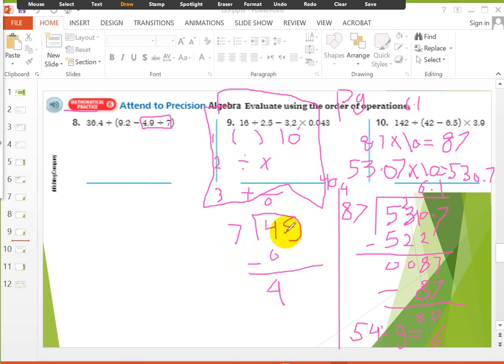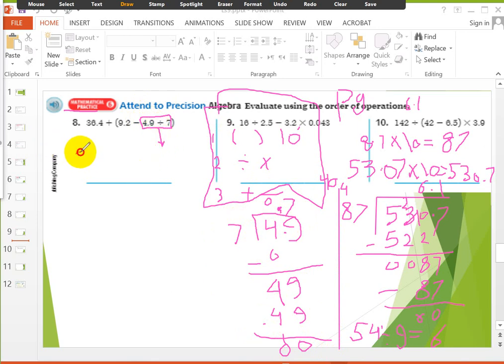Now what about the decimal point? I will take it up in the quotient, over the decimal point in the dividend. Now I will take the 9. So it will be 49 divided by 7. Very easy. It will be 7. 7 times 7 equals 49. So the answer for this division will be 0.7 tenths.